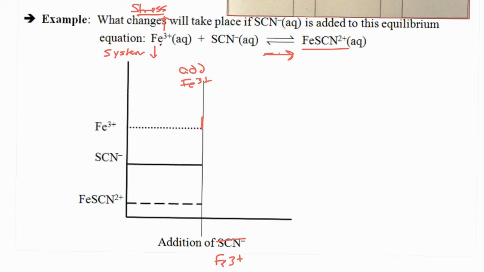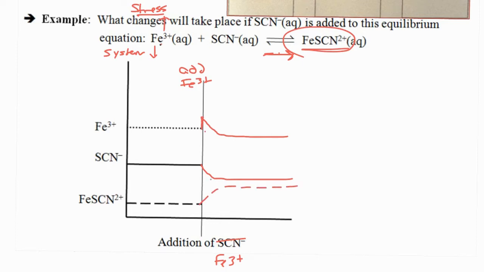On our graph, that means that iron 3+ is going to go down and then reach equilibrium again. The thiocyanate ion is also going to go down and then reach equilibrium. And then that iron thiocyanate complex is going to go up and then reach equilibrium.